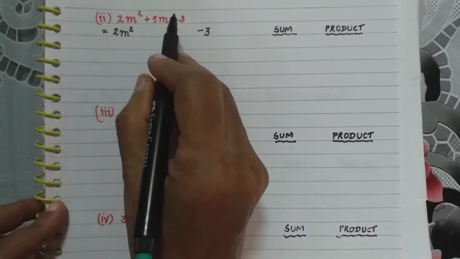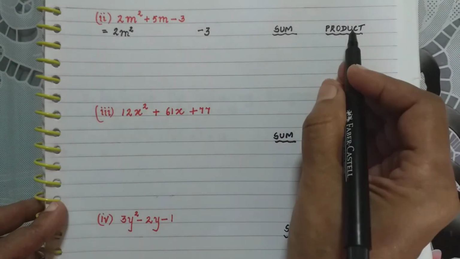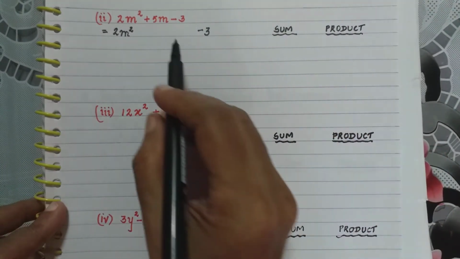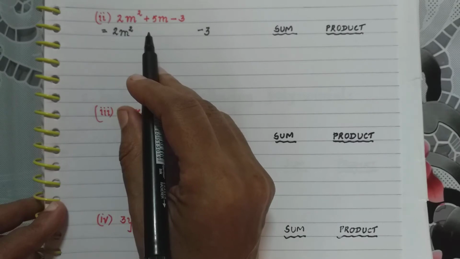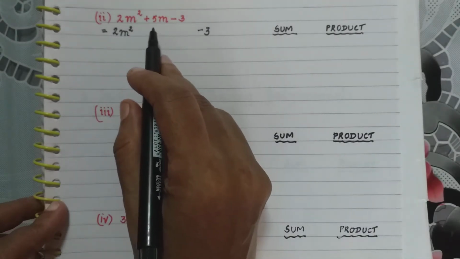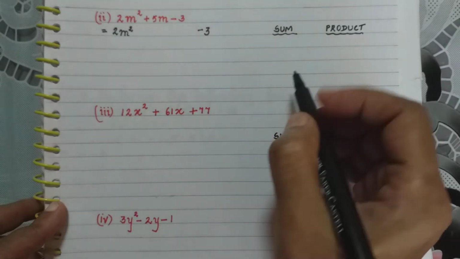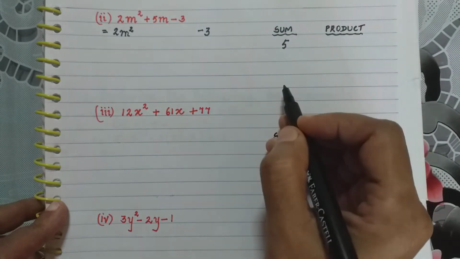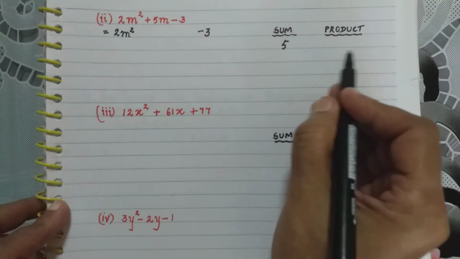Now I have to find out what is the sum and product. What will be the sum? The coefficient of the middle term, or the coefficient of the term with the power 1. That is plus 5. So my sum here is plus 5 or just 5. What is the product?